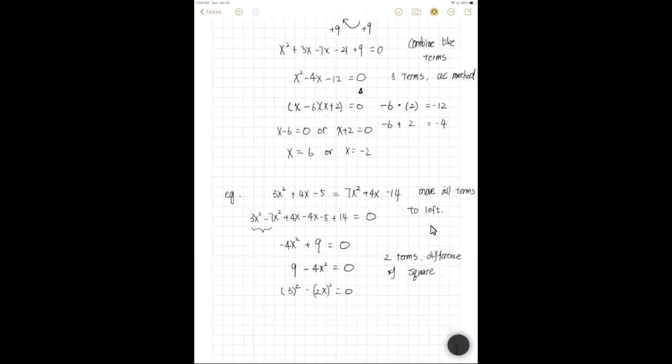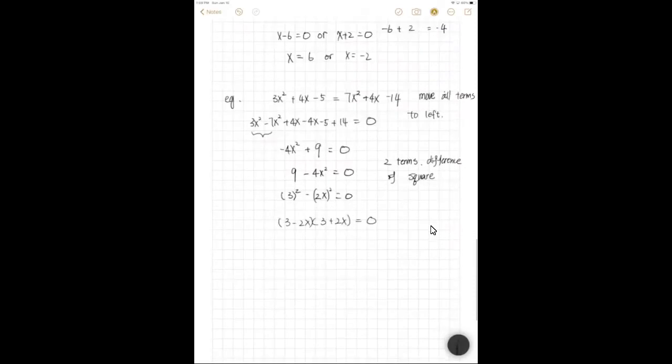So now we have the two square roots, which are 3 and 2x. So that means this is the factor. And then we apply the zero product rule, which is 3 minus 2x equals 0, or 3 plus 2x equals 0.